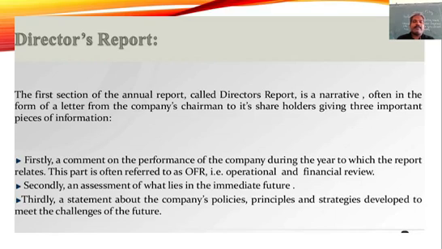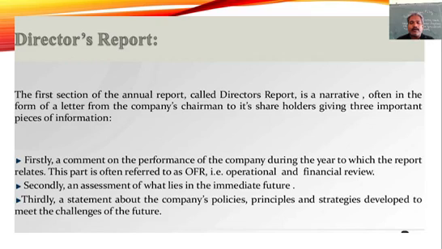First we will discuss the director's report and what it includes. The first section of the annual report, called the director's report, is a narrative, often in the form of a letter from the company's chairman to its shareholders, giving three important pieces of information. Firstly, a comment on the performance of the company during the year to which the report relates.